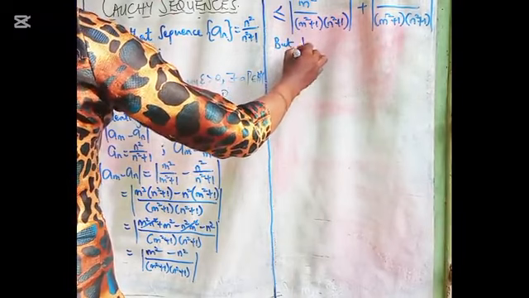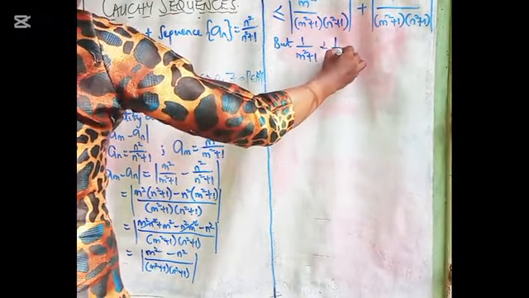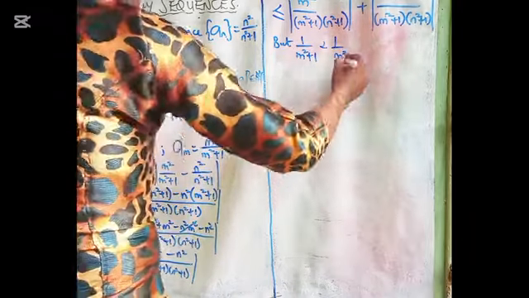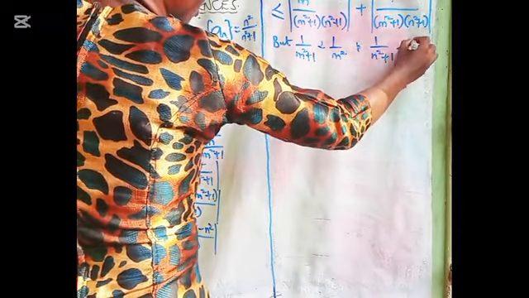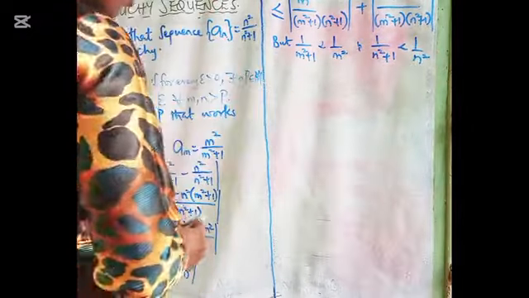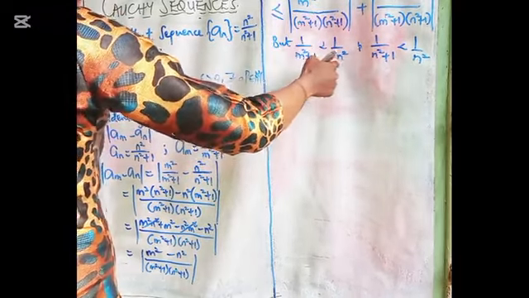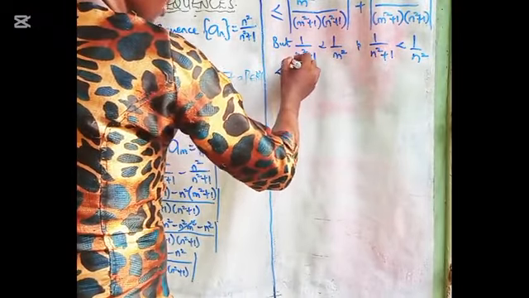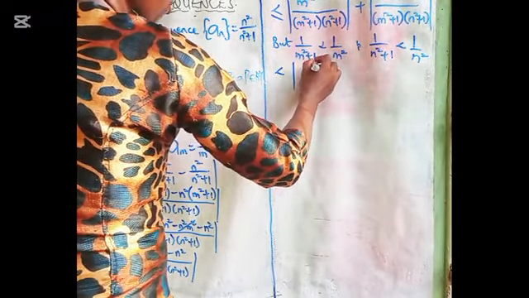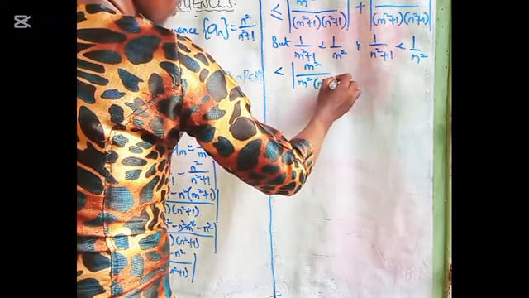But 1 over m squared plus 1 is less than 1 over m squared, and 1 over n squared plus 1 is less than 1 over n squared. So I'm going to replace this by 1 over m squared so I can have something to cut. Therefore, this is less than m squared over m squared into n squared plus 1.